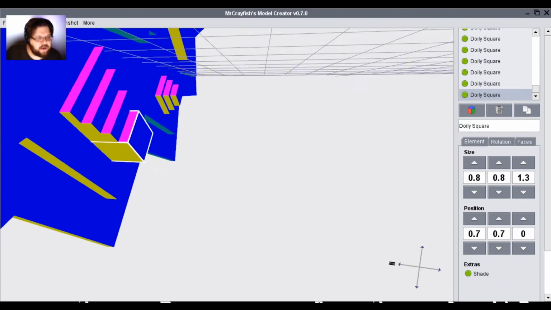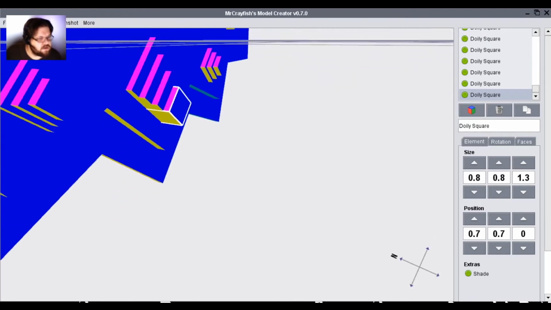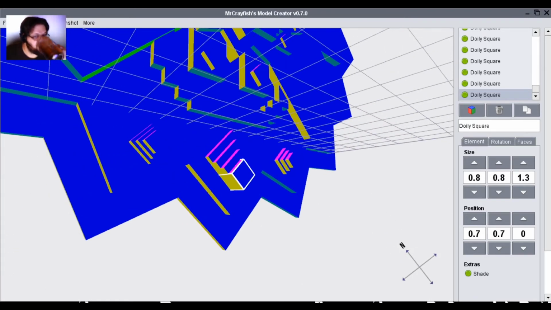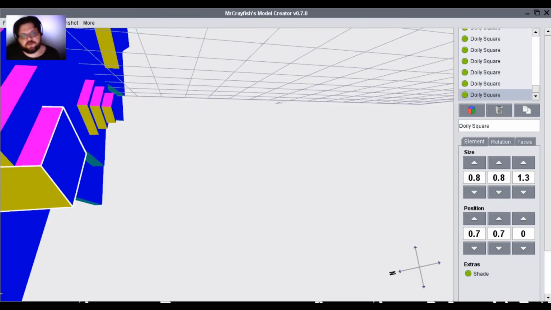That was not my intention, but I do like it. Let's take a look at the original here. I do like it.